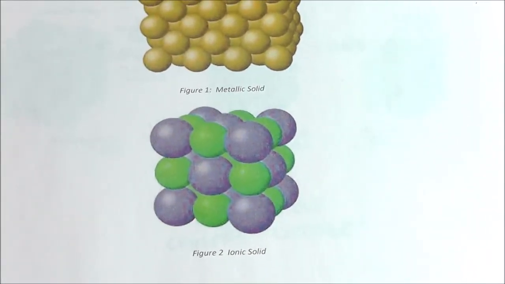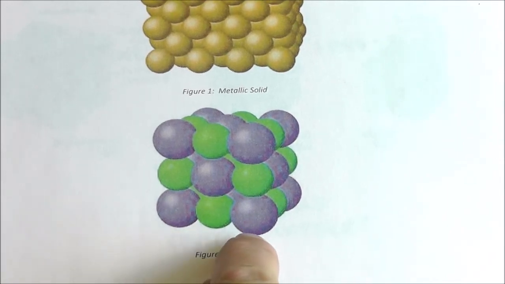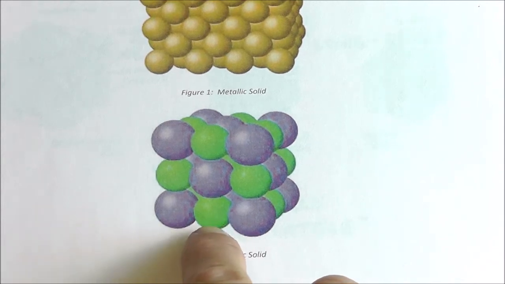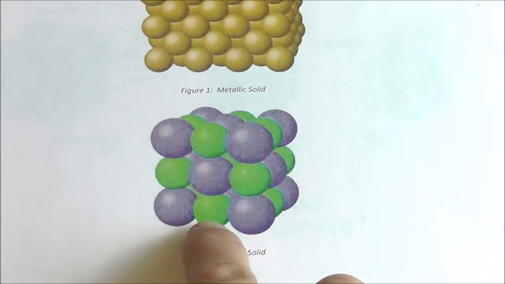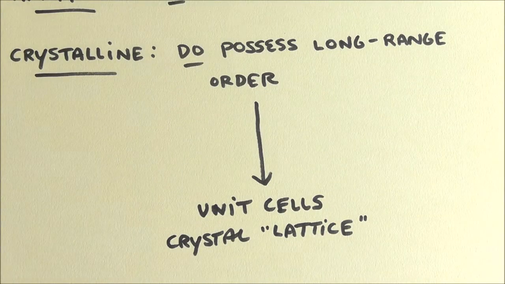So that is an ionic solid, and the reason I can tell this, it's hard to tell here, but those purple spheres are a little bit bigger than the green spheres. So you could say, well, that's probably something ionic, and the smaller ones are probably the cations, and the larger ones the anions.